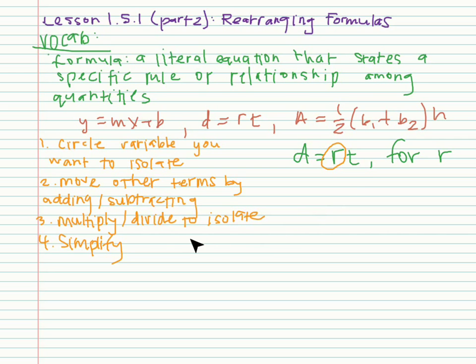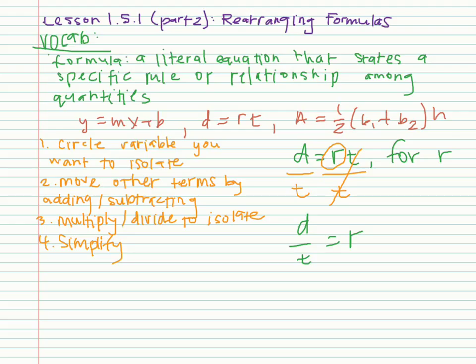So I really don't need to do anything on step 2. I'm going to move on to step 3, which is multiply or divide to isolate. So when we have r times t, we will want to use the inverse, which is to divide. I want r to stay behind, and I want to get rid of t. So t is what I'm going to be dividing. t over t cancels, and we are left with d divided by t equals r.